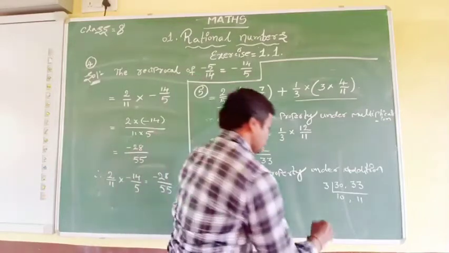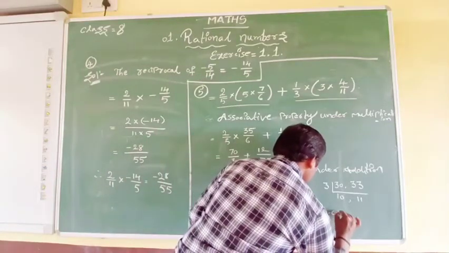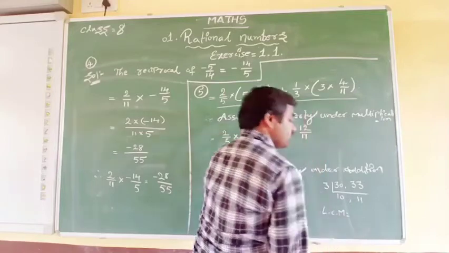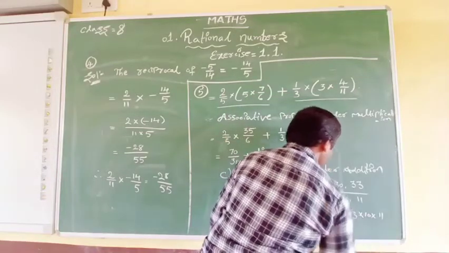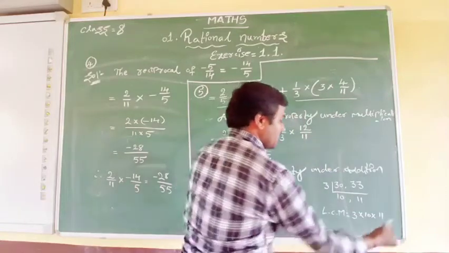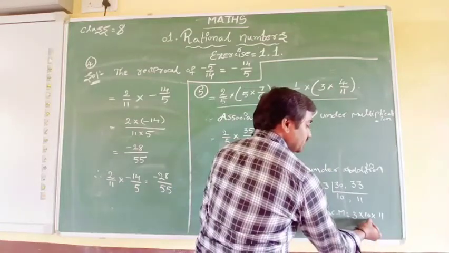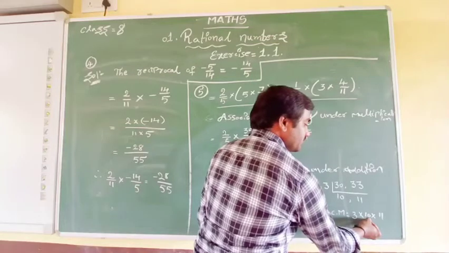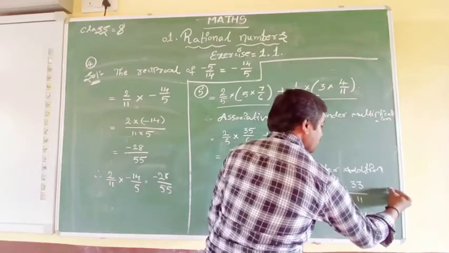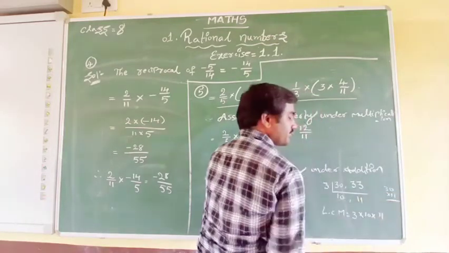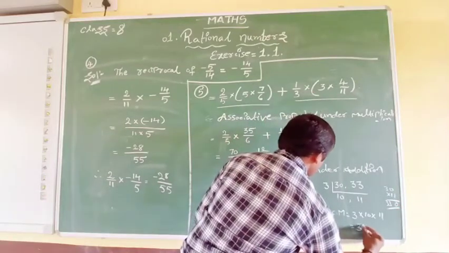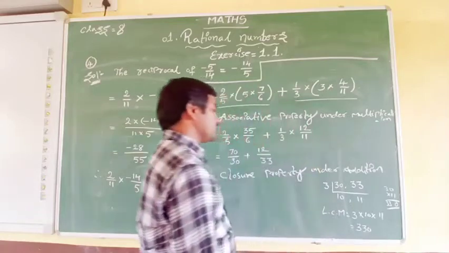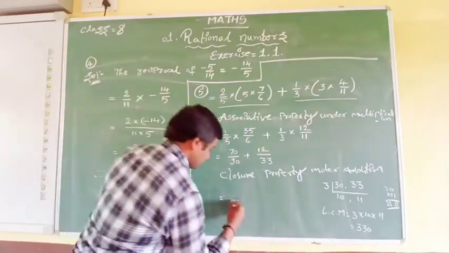Let us multiply to get the LCM now. LCM, least common multiple, that is 3 into 10 into 11. Simple. 3 into 10 is 30, 30 into 11 is 330. Okay, we got the LCM as 330.